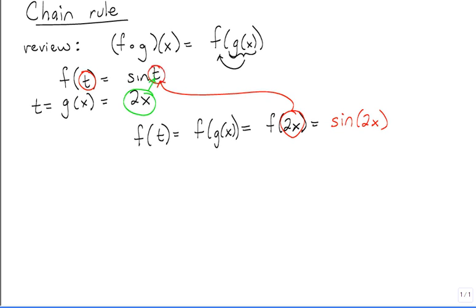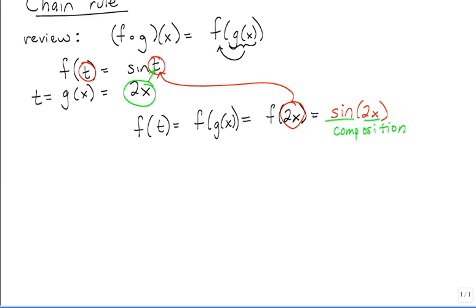So this is called a composition of two functions. It's composed of a sine function and a 2x function. And let's go back here and let's call this v.